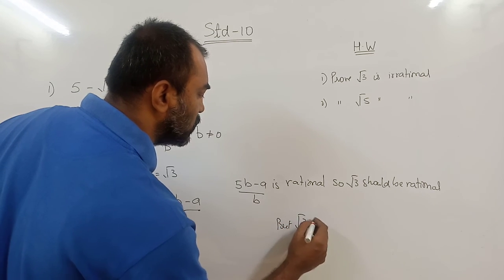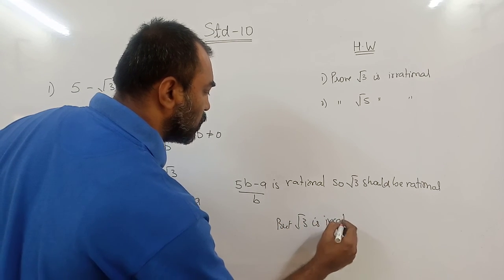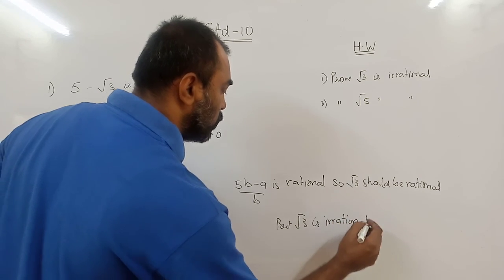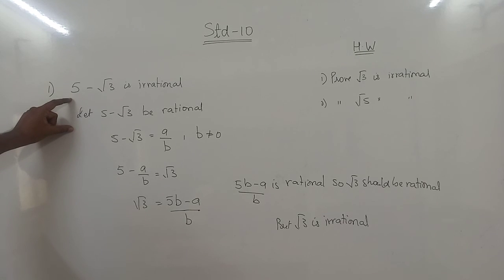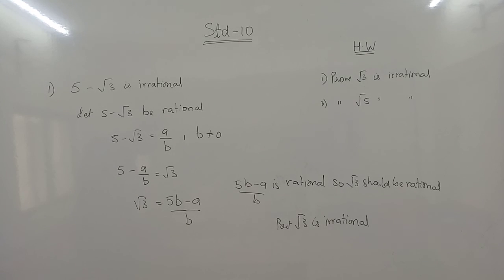Root 3 is irrational. Because root 3 is irrational, our assumption that 5 minus root 3 is rational is wrong. So 5 minus root 3 is irrational. Okay, is it clear?